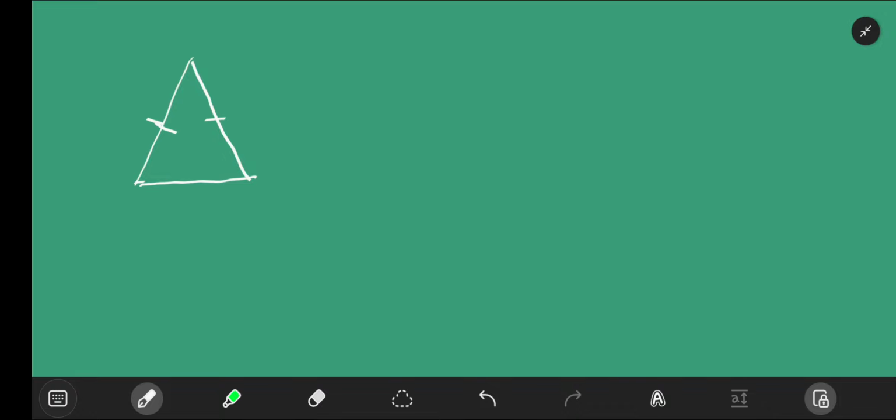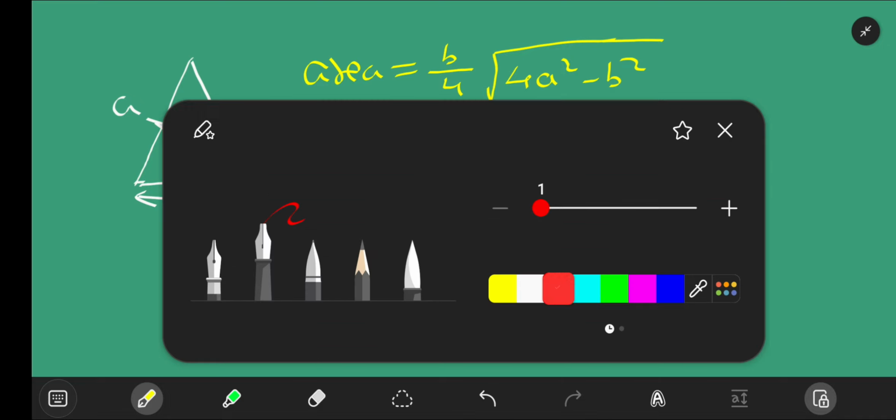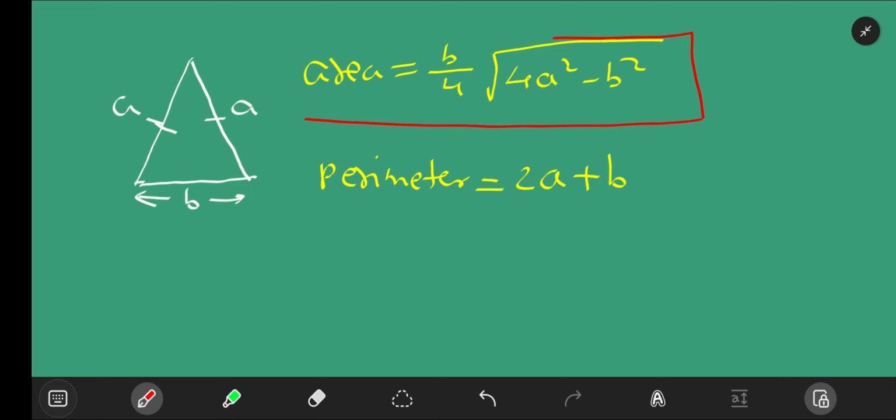Suppose this is A and this is A and this is B. Now area is equal to B by 4 square root of 4A square minus B square, and perimeter is equal to 2A plus B. This is the formula for area and perimeter.